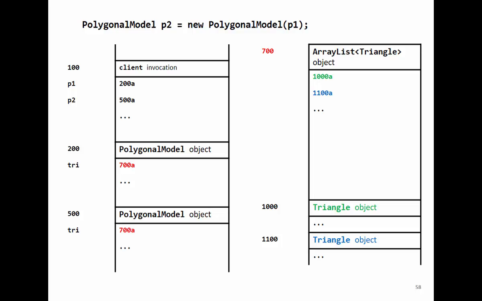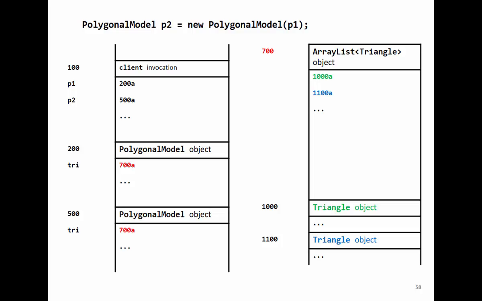Because you are sharing the array list, inside the object at 200 you have 700, which is an array list. Inside the second polygon model at address 500, there is also an array list with the same address, 700. So P1 and P2 are sharing the same array list.